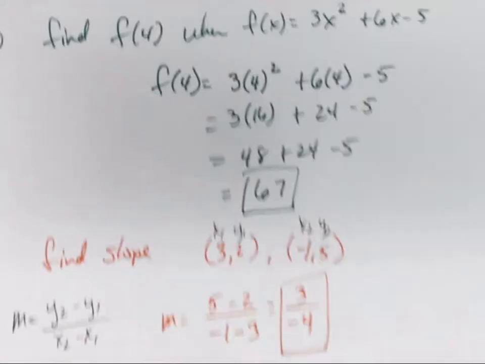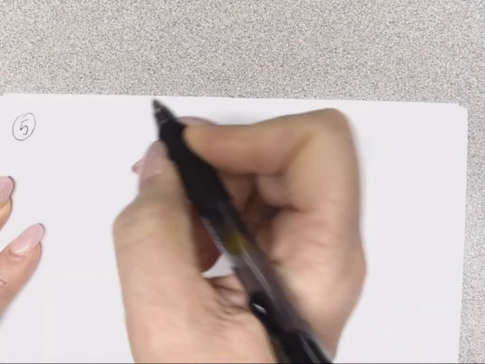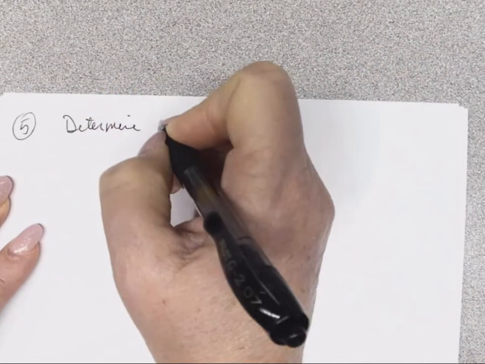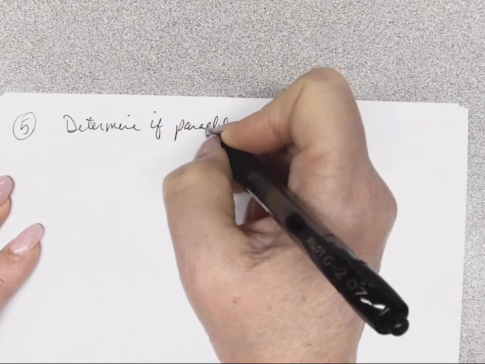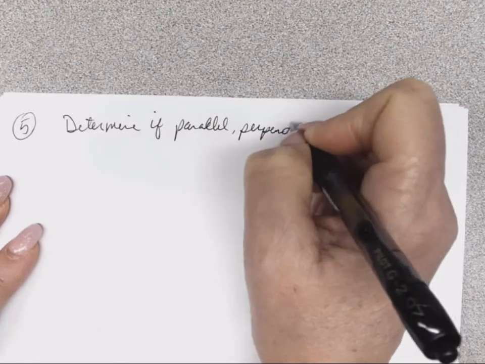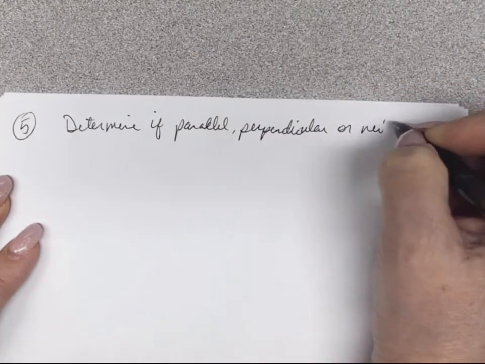All right, the next example that we have, number 5, we're going to determine if it is parallel, perpendicular, or neither.